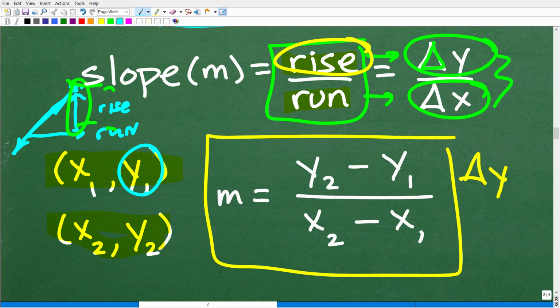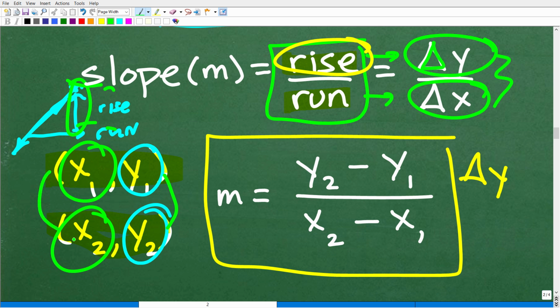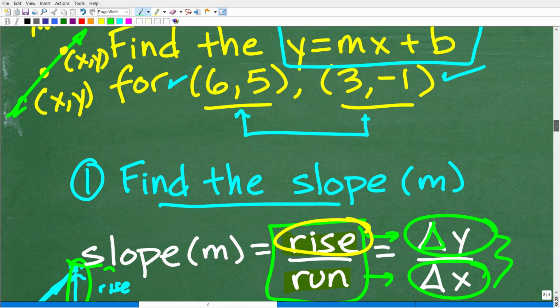So this point will have y1 as its y coordinate, and this point will have y2, and then our respective x coordinates will be x1 and x2. So what we need to do is simply follow this formula. y2 minus y1 is the differences of the y's, over the differences of the x's, x2 minus x1.